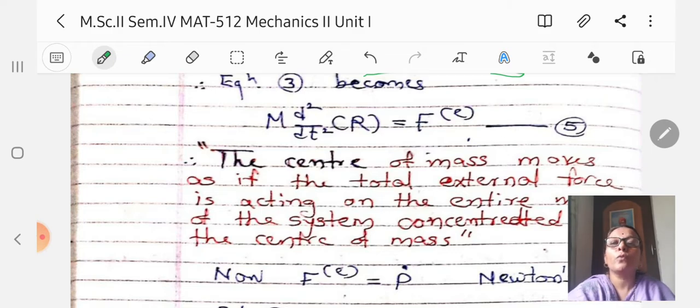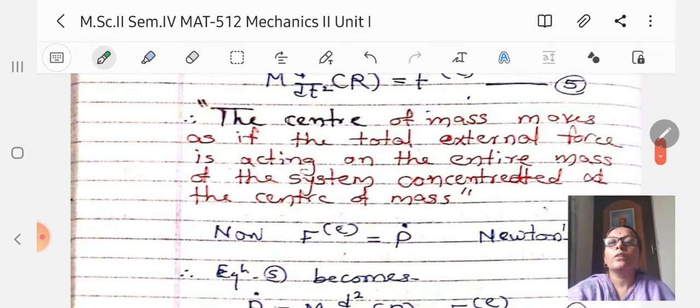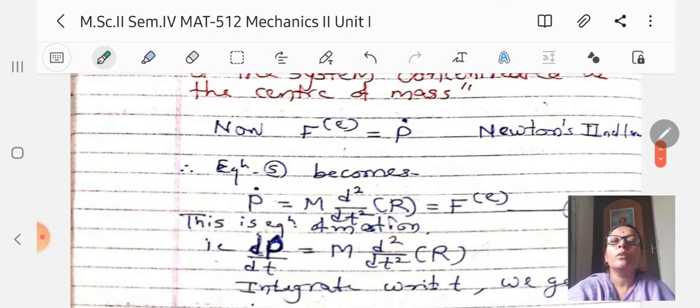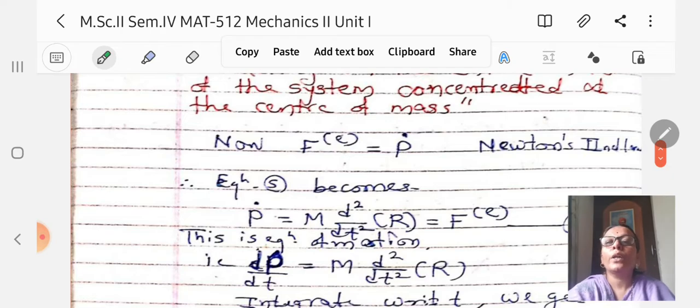Suppose this is equation 5, that is, we can write here that the center of mass moves as if the total external force is acting on the entire mass of the system concentrated at the center of mass. Now again for Newton's second law, we can write the total external force Fe equal to P dot.